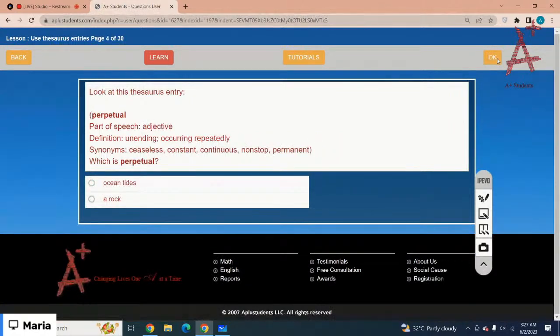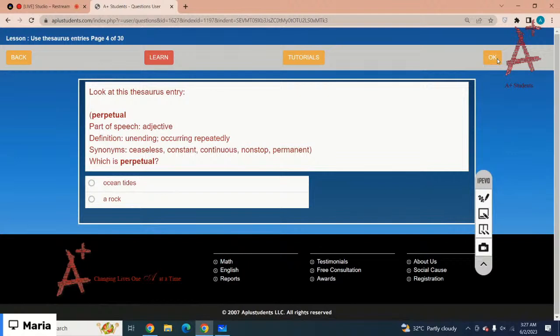Okay, look at the thesaurus entries. Perpetual, that is an adjective and means unending, occurring repeatedly, something that occurs again and again. Synonyms are ceaseless, constant, continuous, non-stop, permanent. Which is perpetual?